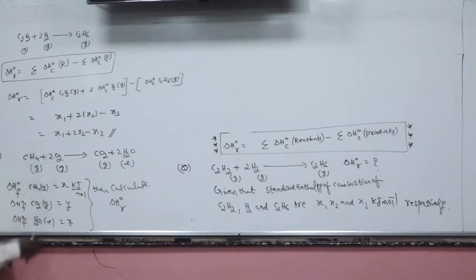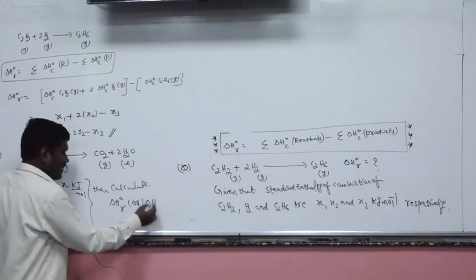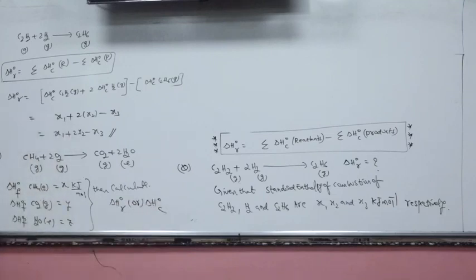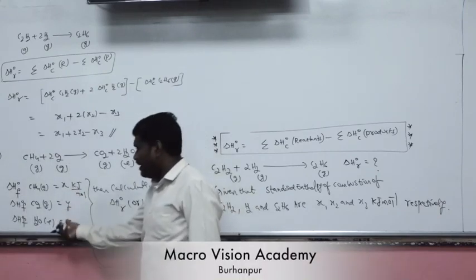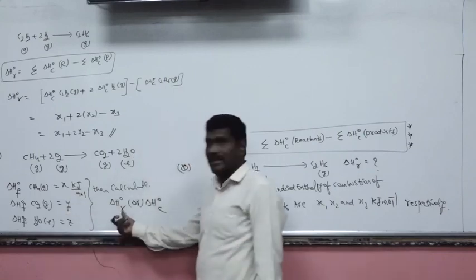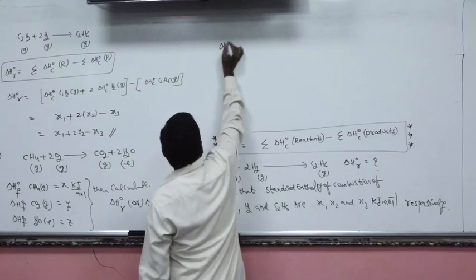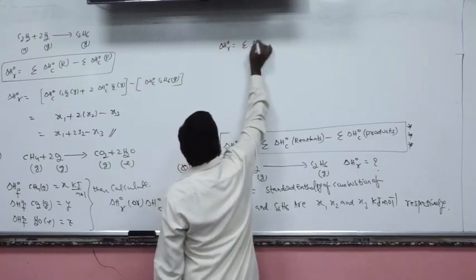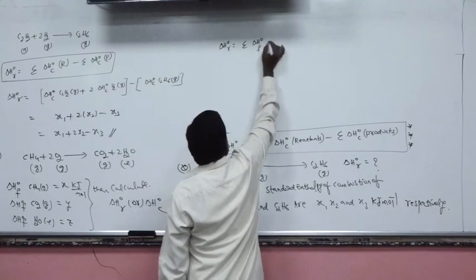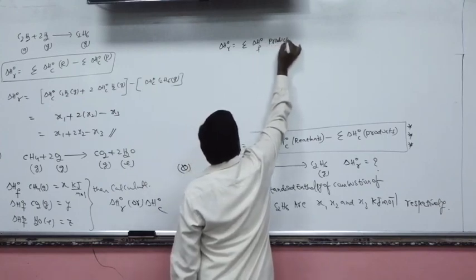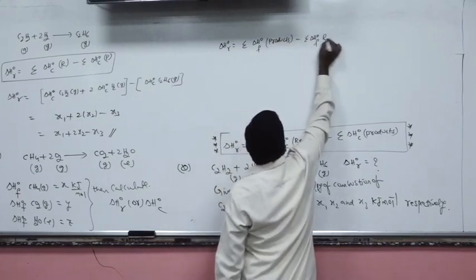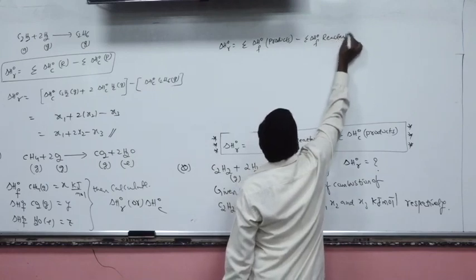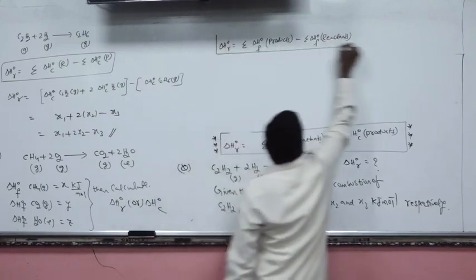Methane reacts with oxygen. This is oxidation or combustion. So this question can also be written as an enthalpy of combustion. Now, I told you when enthalpy of formation data is given to you, how to calculate the standard enthalpy of a reaction: algebraic sum of the standard enthalpy of formation of products minus standard enthalpy of formation of reactants. This is the first formula.